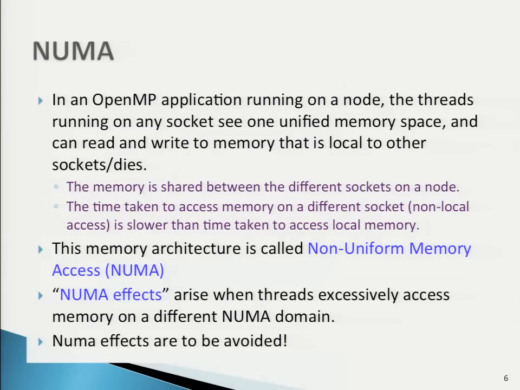And this sort of architecture is known as a NUMA architecture, which stands for non-uniform memory access. So the memory access times are not uniform, depending upon where the memory has been allocated. And NUMA effects arise when threads excessively access memory on a different NUMA domain.